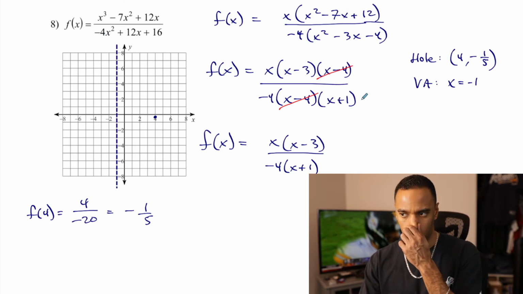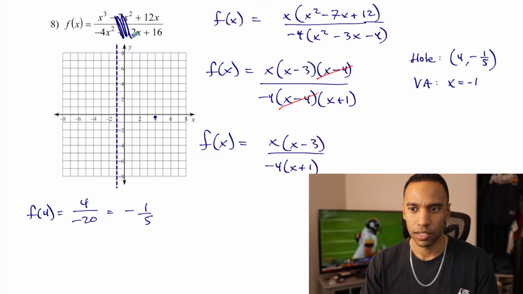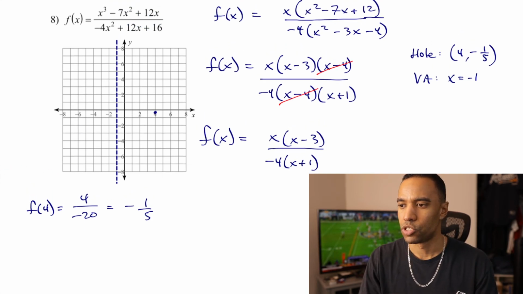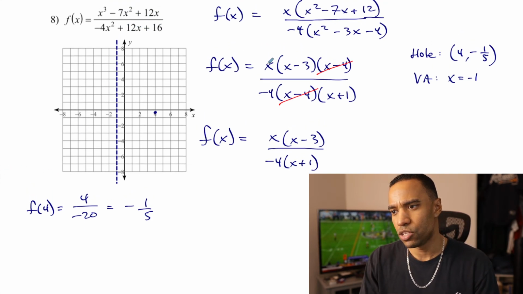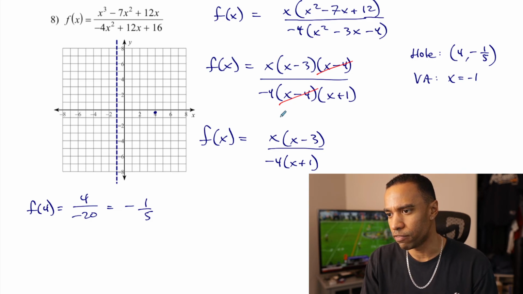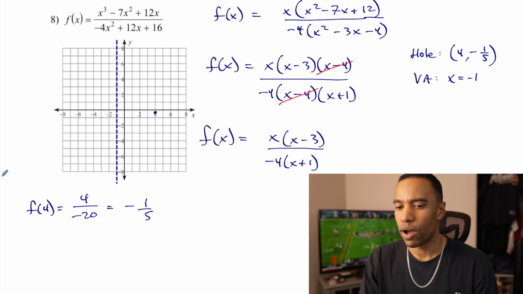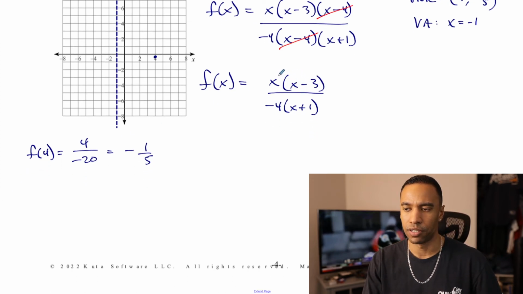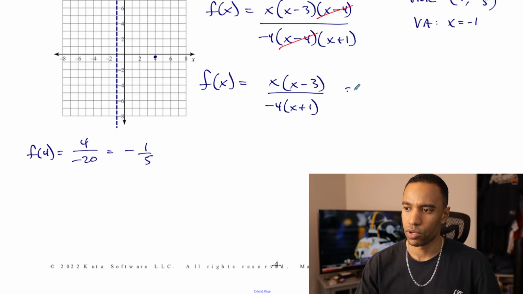Okay, the oblique or horizontal, this will be oblique. When you just ignore these, you look at the rest. I got a cubic on top and a squared on bottom. So let's do long division on this thing. Am I allowed to do long division on this simplified version? I am. It's fine. I didn't do it in the others because it was already factored, and this is as well. But let's just go ahead and distribute into that.